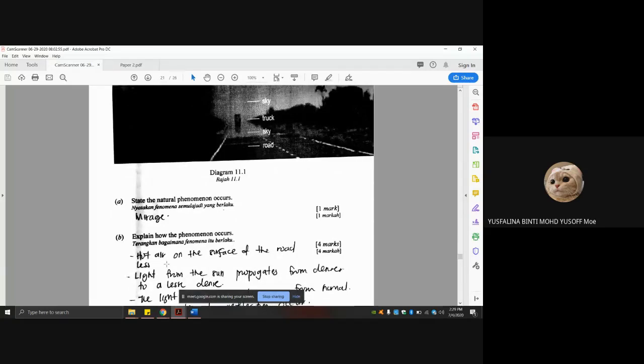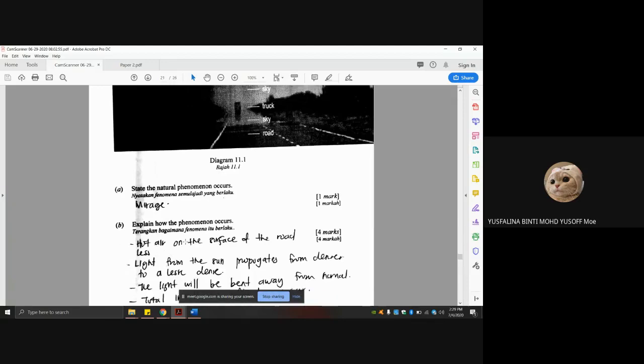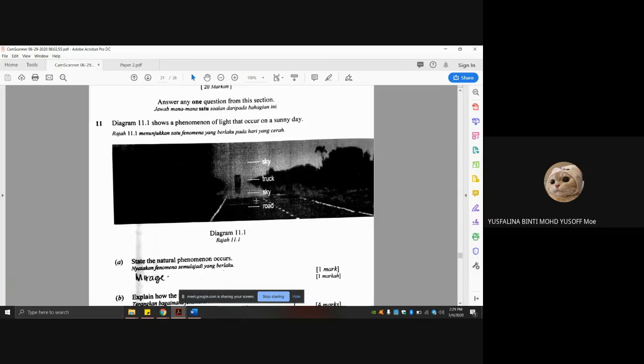So add some words here: hot air on the surface of the road is less dense. Since this is less dense, of course the upper part is denser than the below part. The light will travel from the upper part, because the sun is here, from the denser to the less dense.